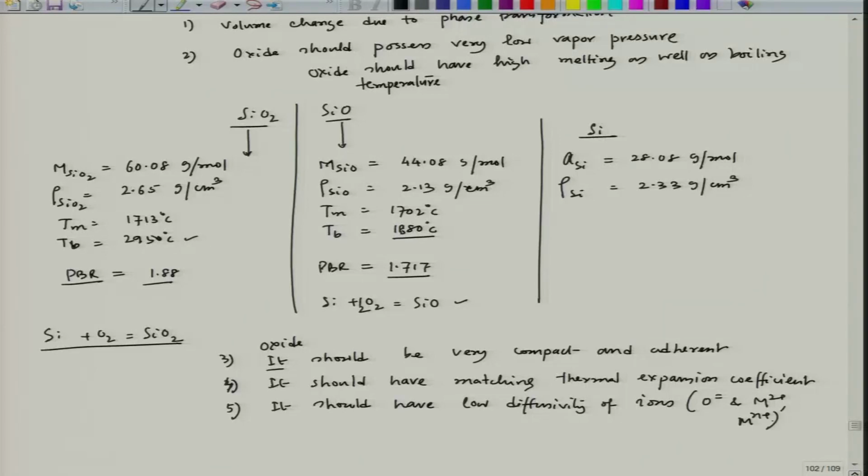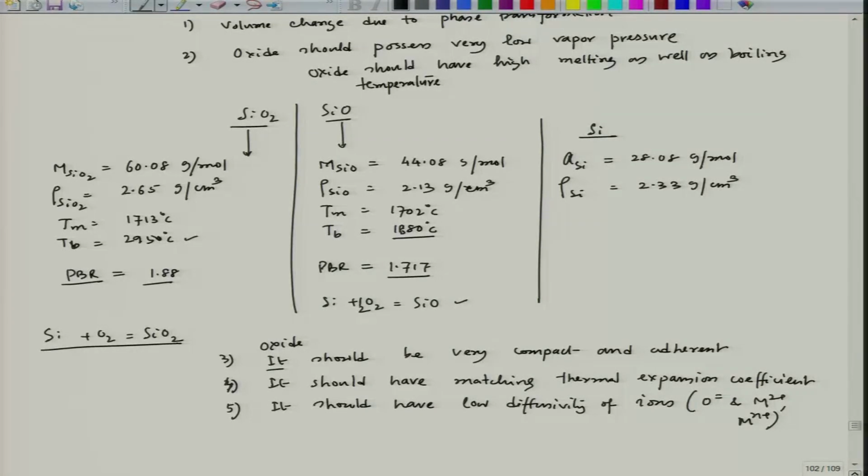For example, in case of aluminium it will be Al3 plus, in case of chromium it is Cr3 plus, whereas in case of iron it could be either Fe2 plus or Fe3 plus. So, these ions would have a very low diffusivity, that means the defect concentration in the metal oxide should be less.